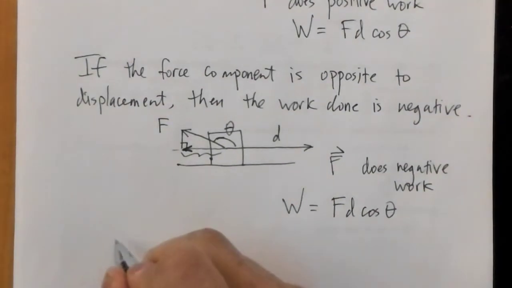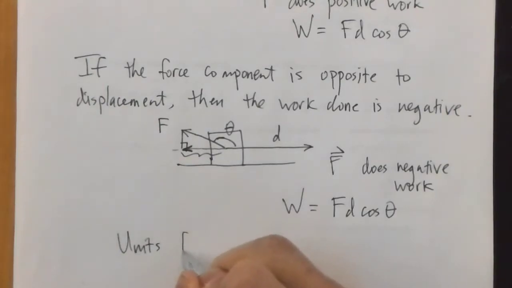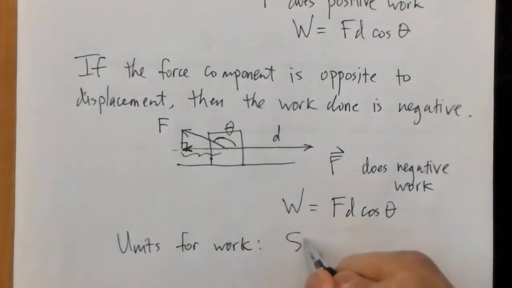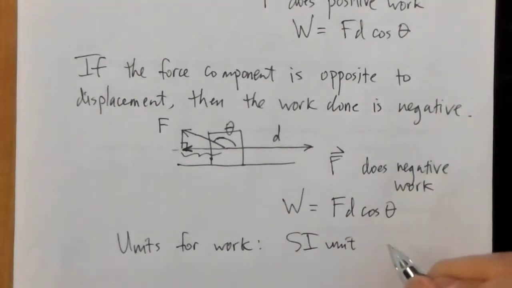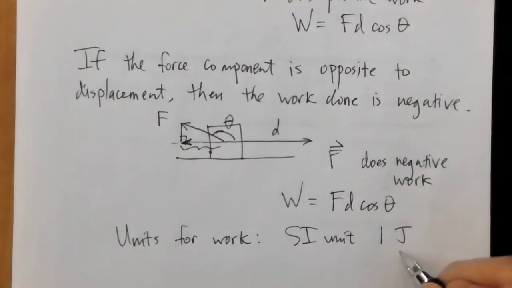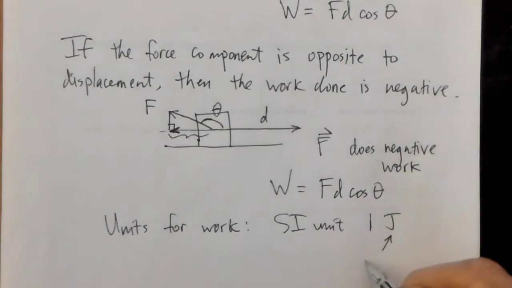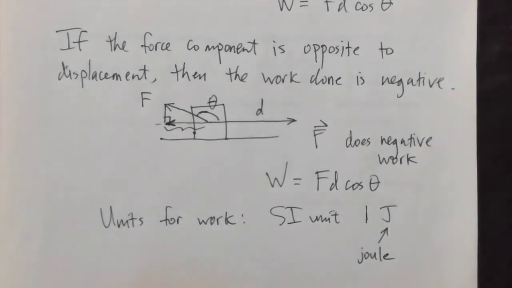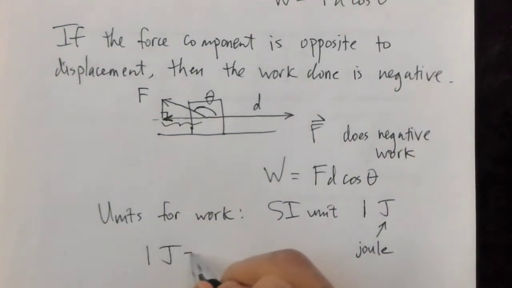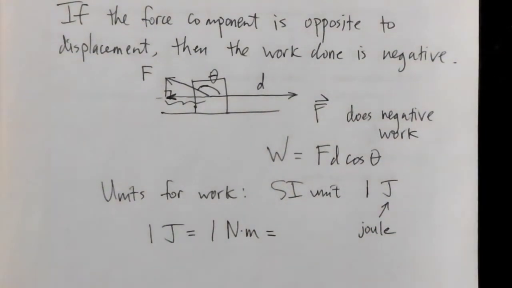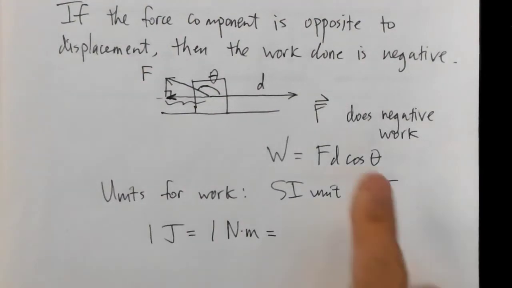Okay. So the SI unit for work is the joule, 1 J. And 1 joule is 1 newton times meter. From the formula, you can figure that out.